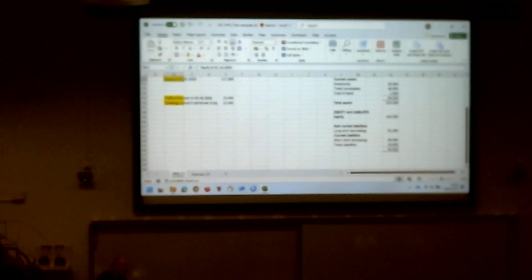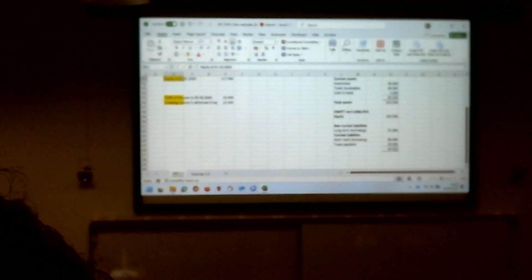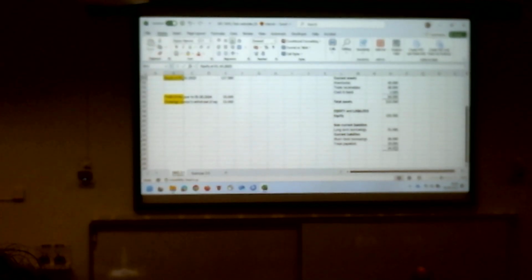However, here we have something in yellow left. Could that help us also to calculate the equity and maybe to double check on whether we did some mistake or not? How can this be used? Exactly.